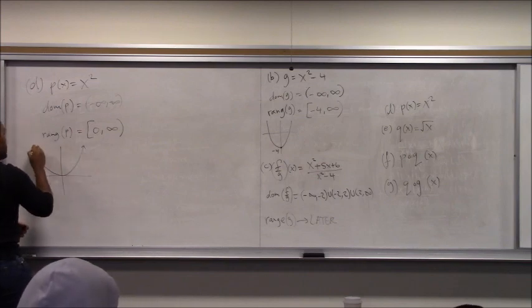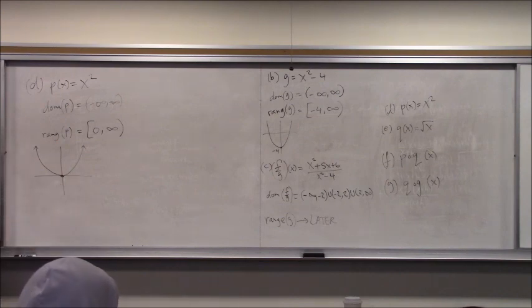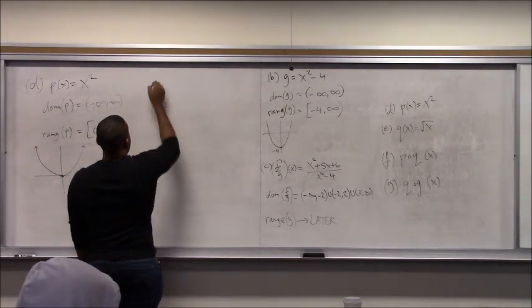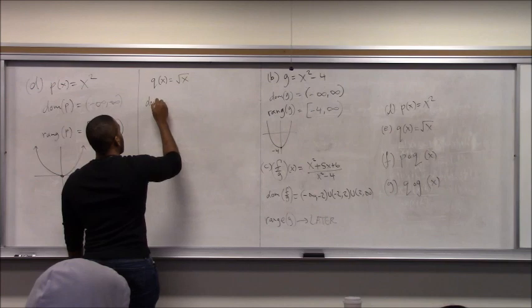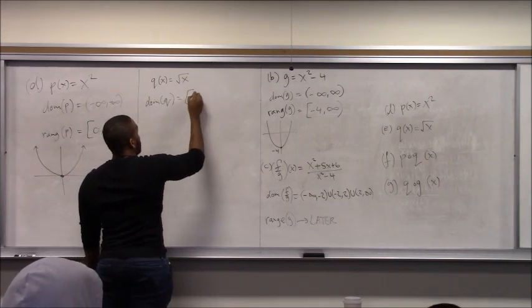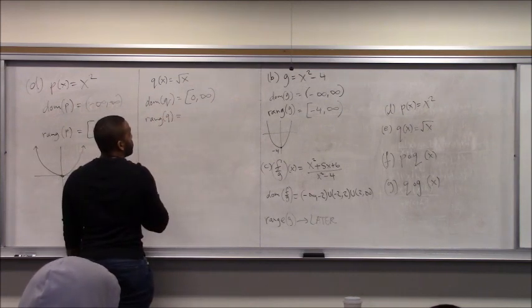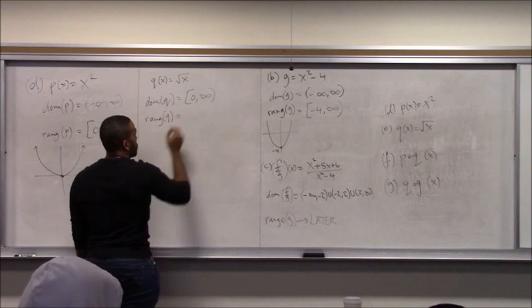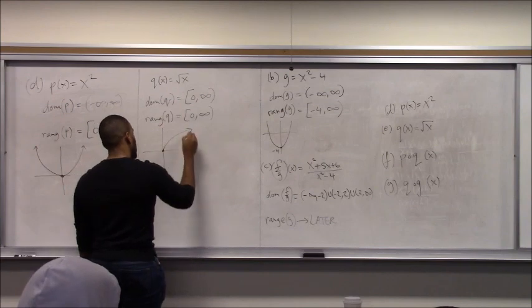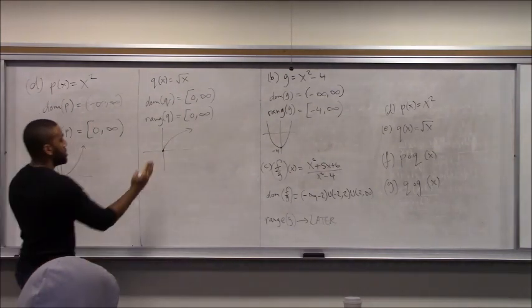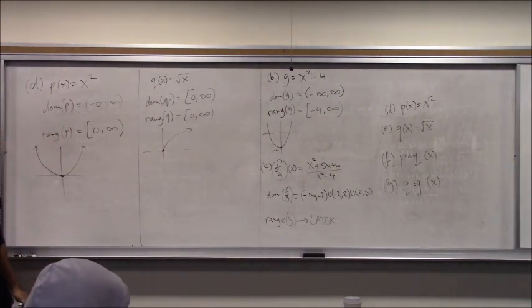It's like that. All the y values are from 0 and bigger. There are no negative y values here. Q equals the square root of x. The domain is 0 inclusive to infinity. What is the range of Q? It's also 0 to infinity, right? Again, you can know that from the graph of the square root, which we've seen a couple times already. So the x values start here and move to the right, the y values start here and move up, so they're both from 0 to infinity.